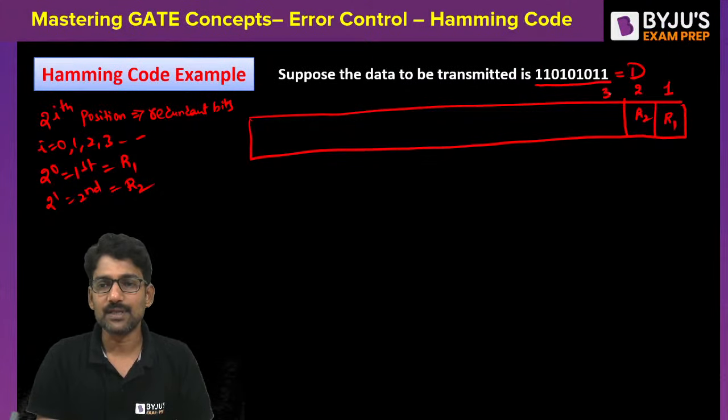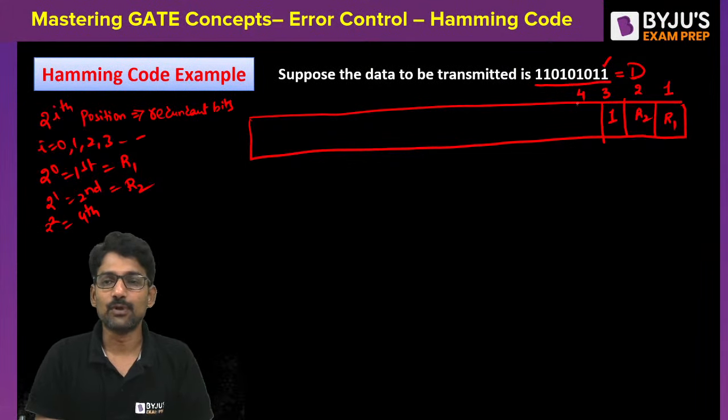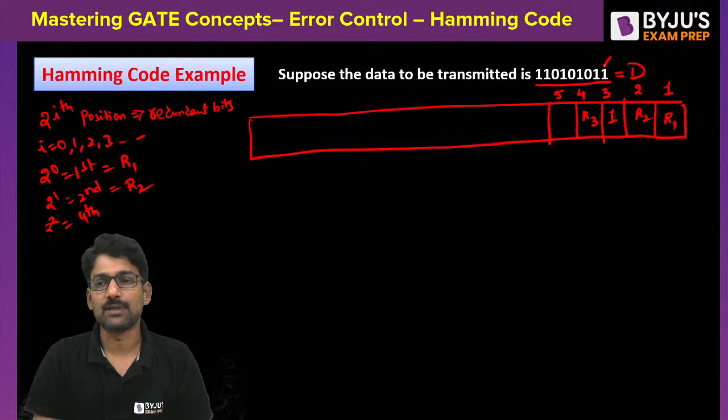Is position 3 a power of 2? No. So here we place the first data bit, 1. Then 4, which is 2 square, is a power of 2, so the fourth position is a redundant bit position, R3. The fifth position is not a redundant bit position, so place the next bit, 1.